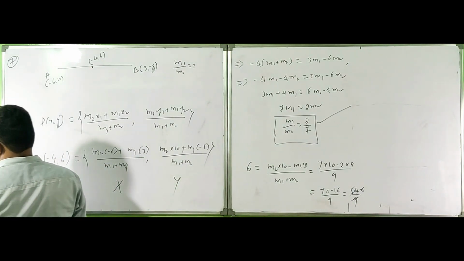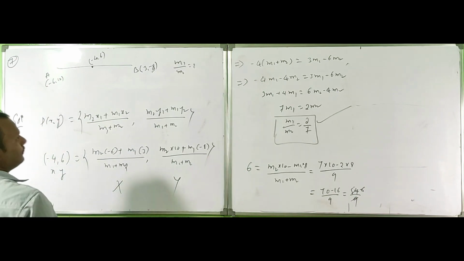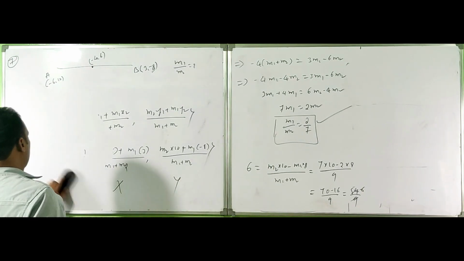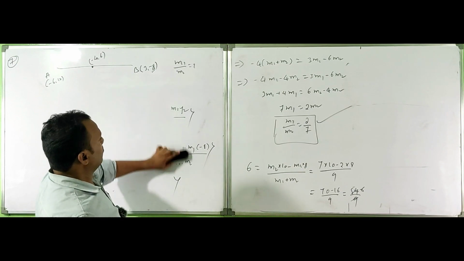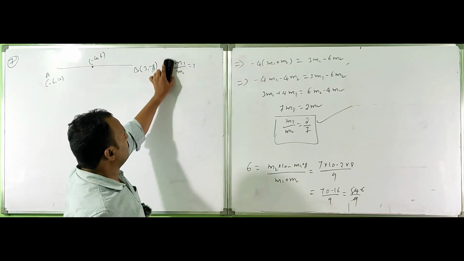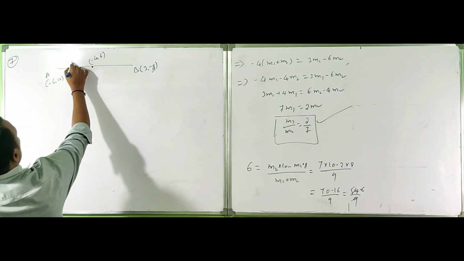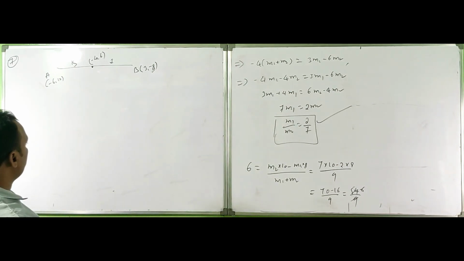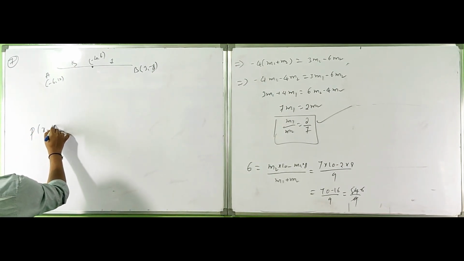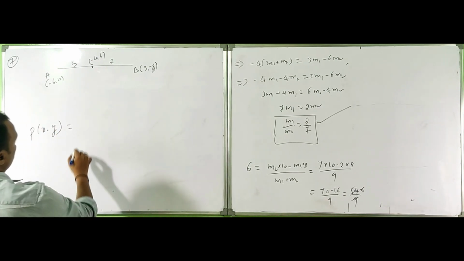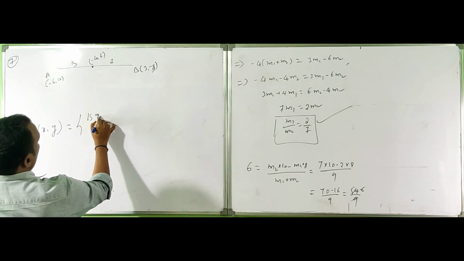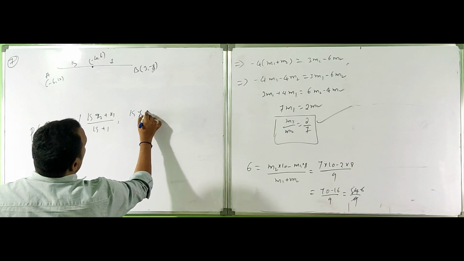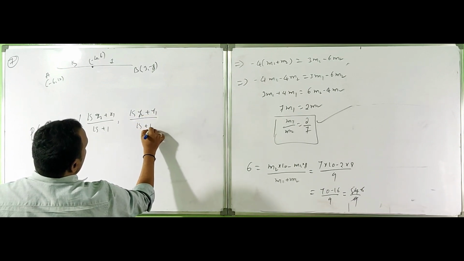Another easiest method, which they also mention in the book, is to take the ratio as k is to 1. Some point where the ratio will be k is to 1. The formula for k is to 1: P of xy is equal to k into x2 plus x1 divided by k plus 1, and k into y2 plus y1 divided by k plus 1.